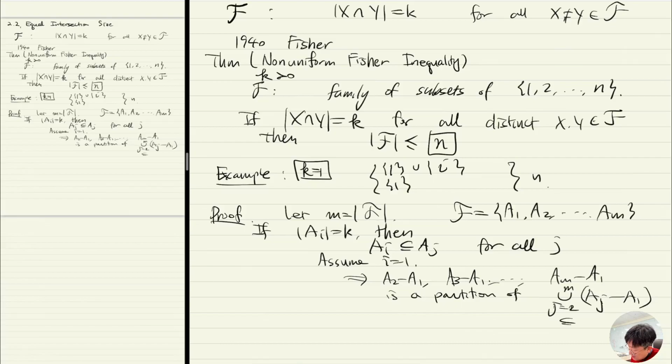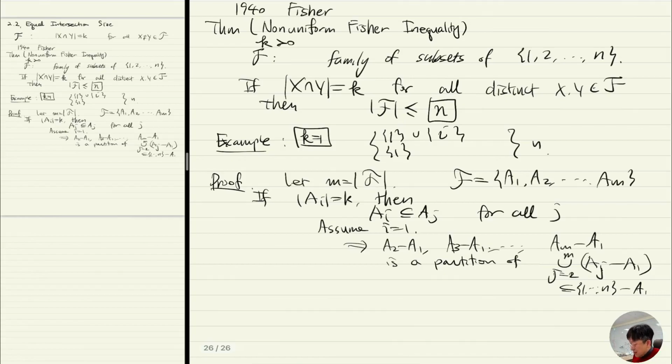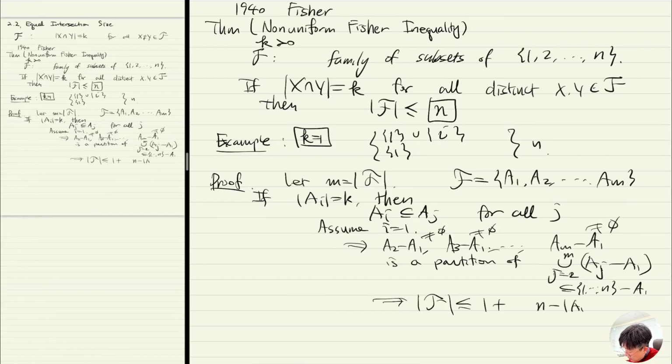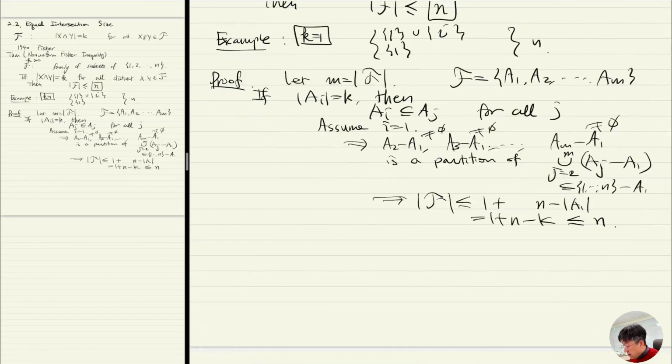And this is a subset of 1 up to n minus A1, and each of them is non-empty. Therefore, the number of them is at most n minus |A1|, so the size of the family is at most 1 plus n minus k, which is less than or equal to n. So if one of the sets has size exactly k, then we are done.